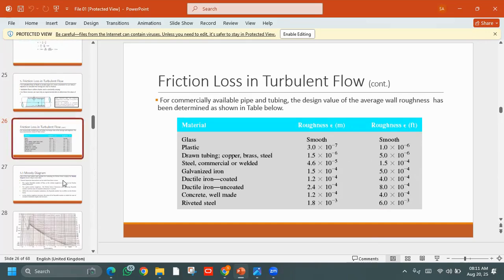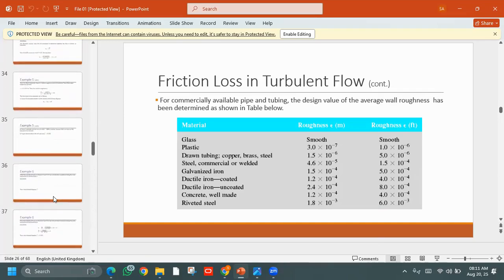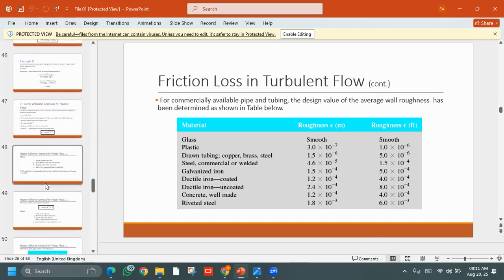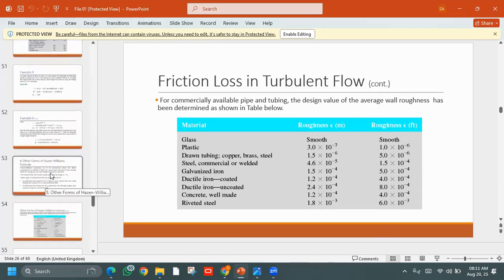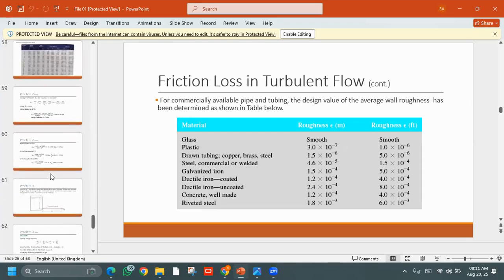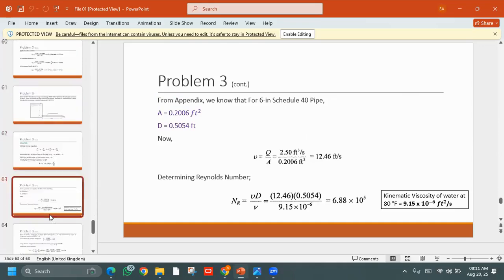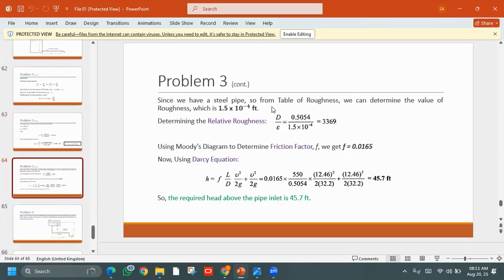So let's pick the value for the roughness, and now move towards the main equation, which is related to the friction factor. We have the ratio of the diameter of the pipe and the roughness, that is called relative roughness. The value of relative roughness equals 3369.